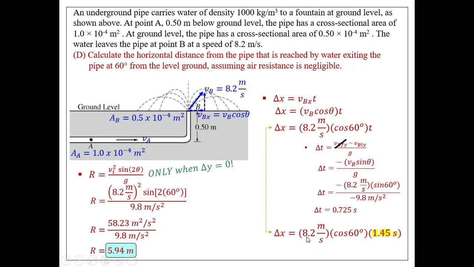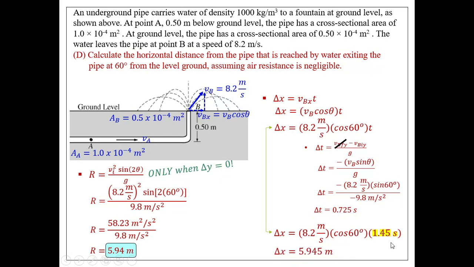I carry that down, times cosine of 60, right? And then, how much time is it? It needs to be 1.45 seconds. Once you find the time that it takes to go up, you need to take this number and multiply it by 2 because you need time up and time down. Due to symmetry, the time up and time down must be the same, so we just take this value and times it by 2. So 0.725 times 2 gives you 1.45 seconds.